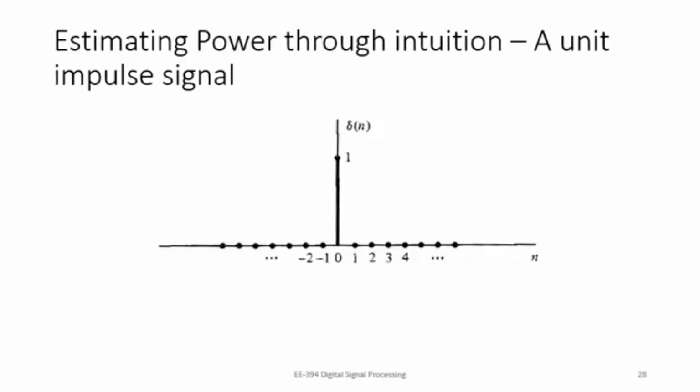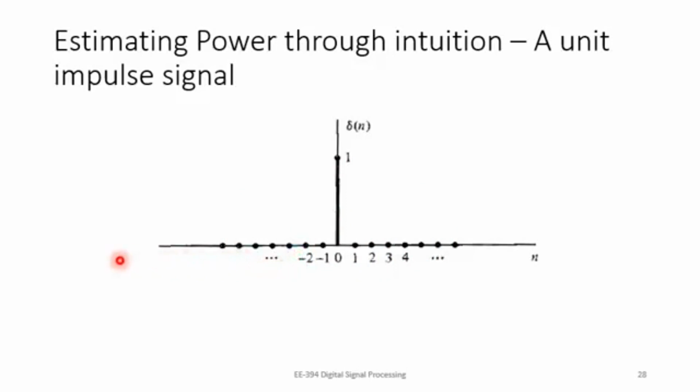So now what we are going to do for a unit impulse and a unit step signal is, without using the math, using intuition, let's try to see what the power and energy of the signal are. So this is a unit impulse signal, and if we try to figure out what its energy will be, we take the magnitude of the signal, which remains 1, then we square it, so we again get back the same values, and then we sum everything up.